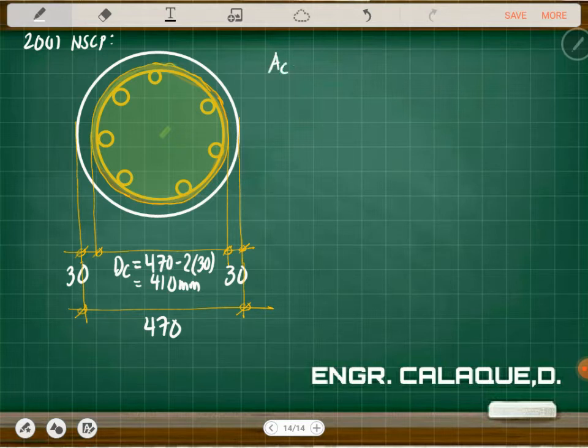Area of the concrete core is just pi over 4 Dc squared, so that is pi over 4 times 410 squared.